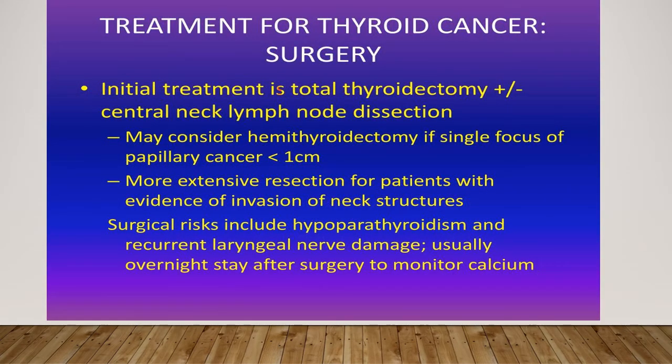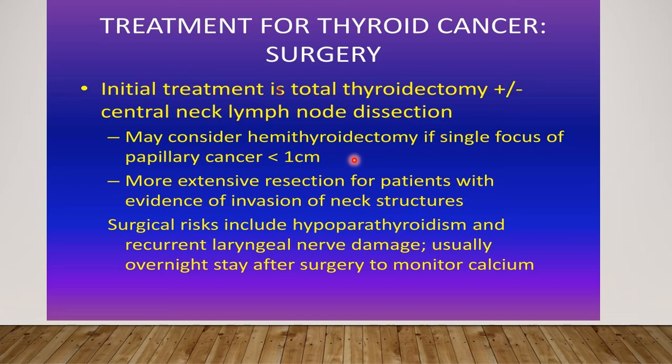The surgical treatment of thyroid cancers. Initially, thyroid cancers require total thyroidectomy with central neck node dissection. May consider hemithyroidectomy if a single focus of papillary cancer within the lobe measuring less than 1 cm. These are nowadays classified as low-risk tumors, based on the size.